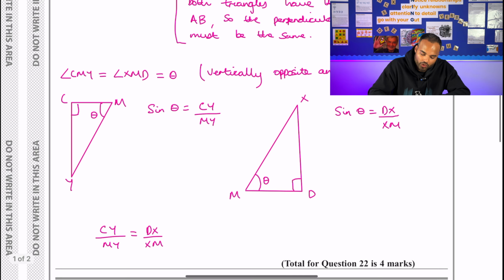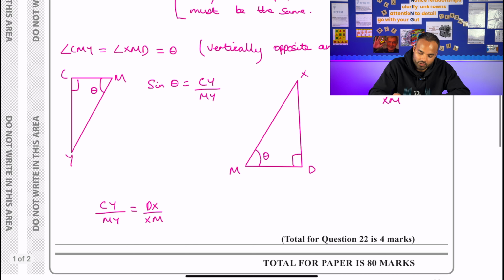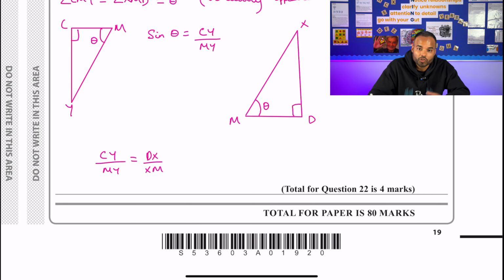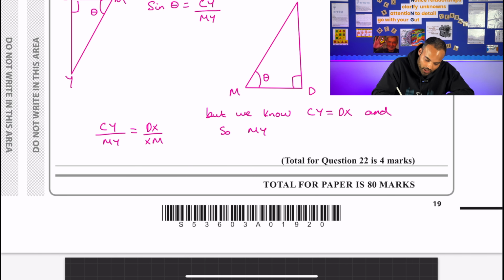But we already know from the very beginning that CY and DX are exactly the same thing. Because the numerators are exactly the same, it must mean that the denominators are exactly the same. So MY must be the same as XM. But we know that CY is equal to DX, and so MY must equal XM.